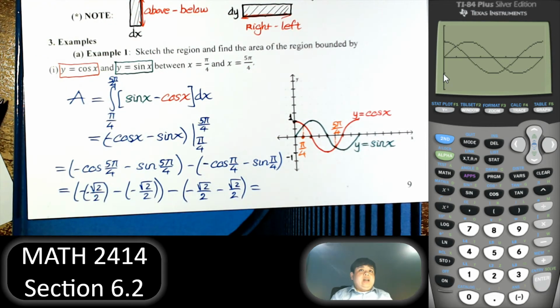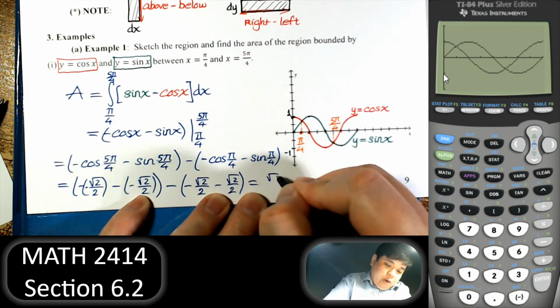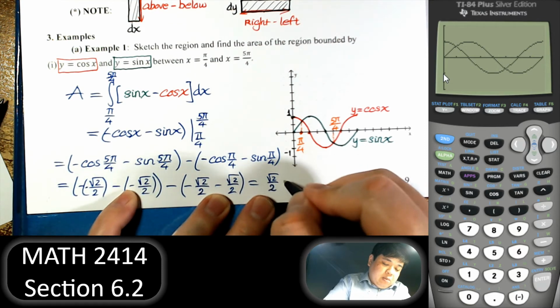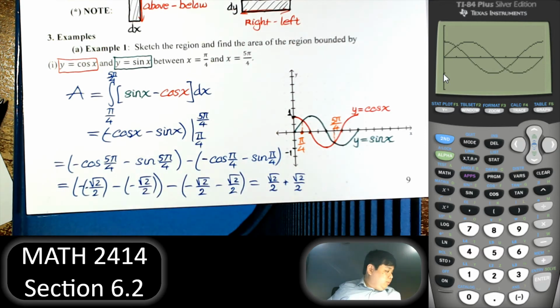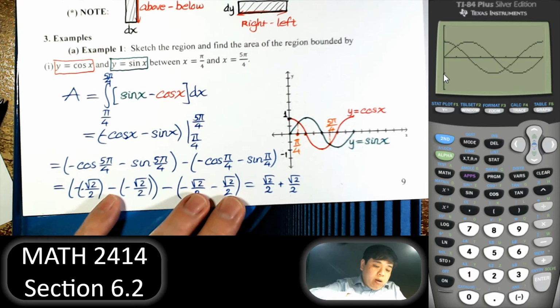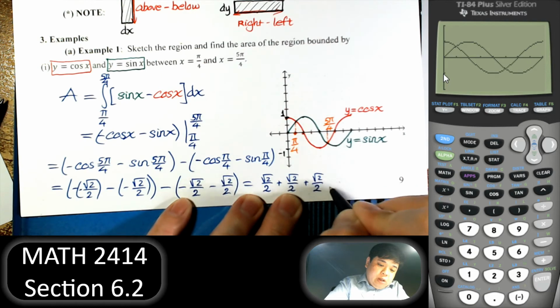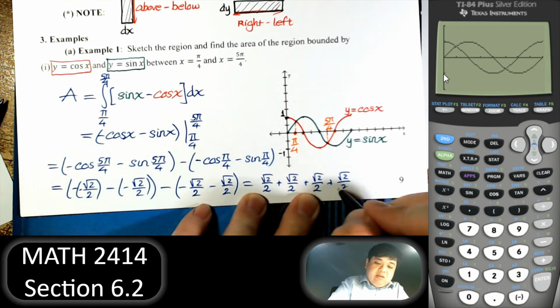So what we have here is negative square root of 2 over 2 minus that plus square root of 2 over 2. Then minus, so that plus square root of 2 over 2, and then plus another square root of 2 over 2, because minus negative.